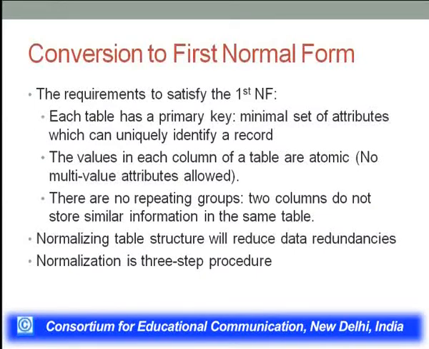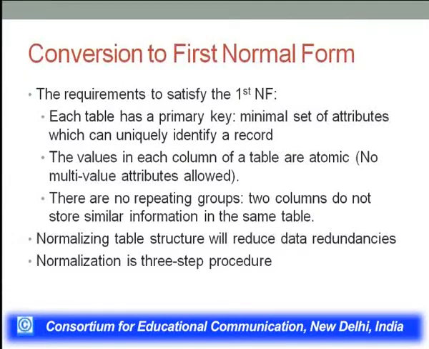The values in each column of a table are atomic, that is, no multi-valued attributes are allowed. There are no repeating groups, that is, two columns do not store similar information in the same table. Normalizing the table structure will reduce data redundancies, and we will be using a 3-step procedure to normalize a database.